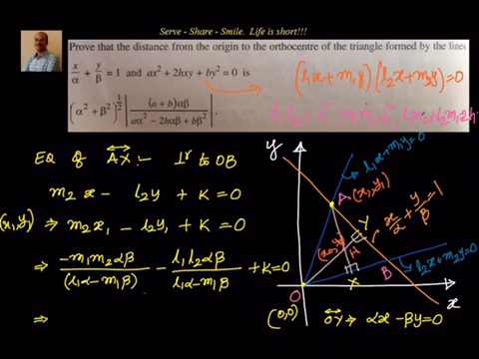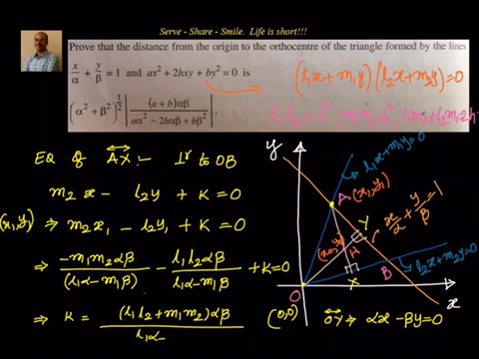If we simplify this, we will get k equal to L1 L2 plus m1 m2 into alpha beta divided by L1 alpha minus m1 beta.